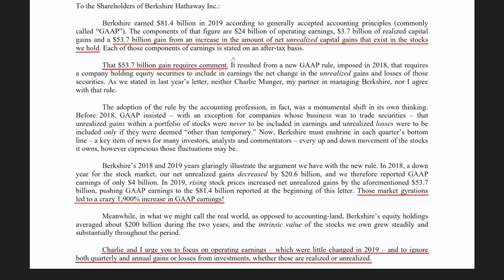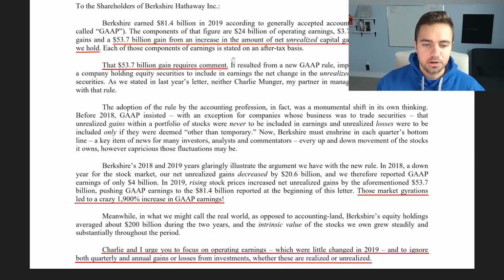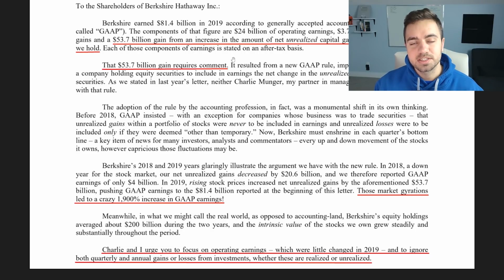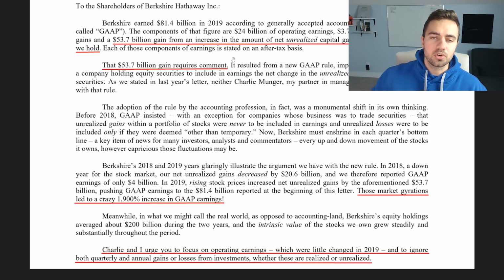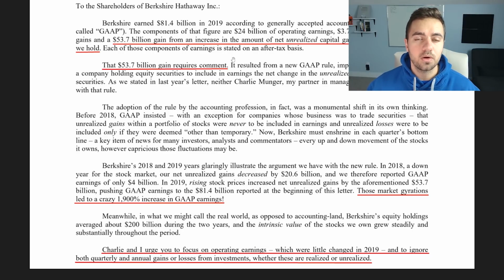Those market gyrations led to a crazy 1,900% increase in GAAP earnings. So basically, year over year, because of what Berkshire Hathaway's investment portfolio was doing, they reported a 1,900% difference in the earnings just year over year. That is absolutely insane. And again, that kind of earnings fluctuation makes it really hard to gain any insight into how to value a business, especially like Berkshire Hathaway.